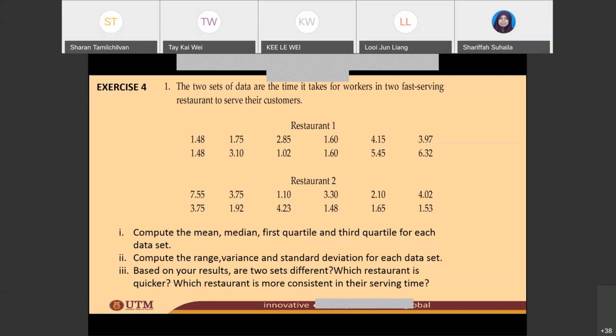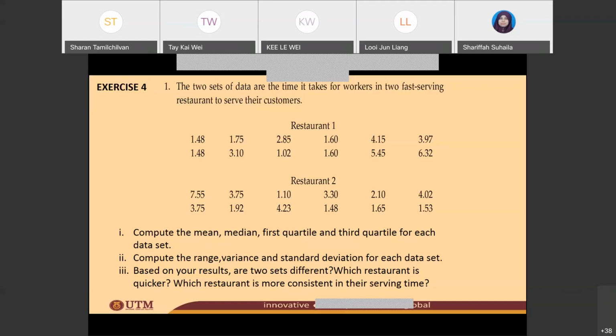Based on your result, are the two sets different? Which restaurant is quicker and which restaurant is more consistent in their serving time? To compute the mean and standard deviation, you can use your calculator directly, but the rest you need to use the formula.